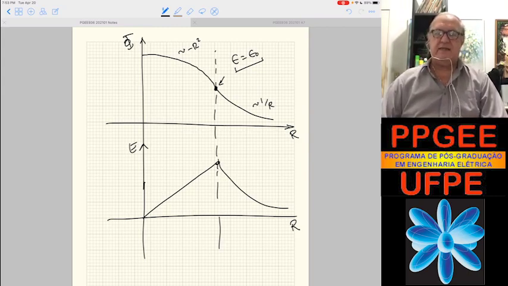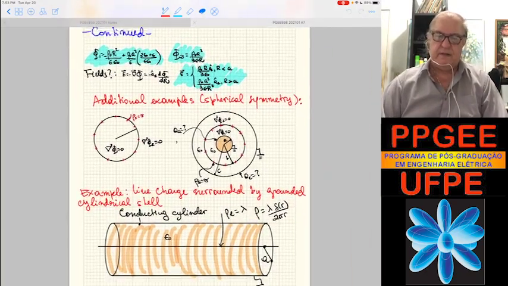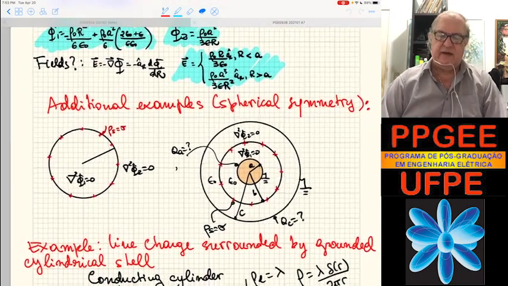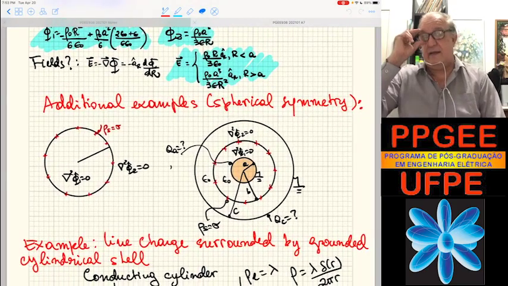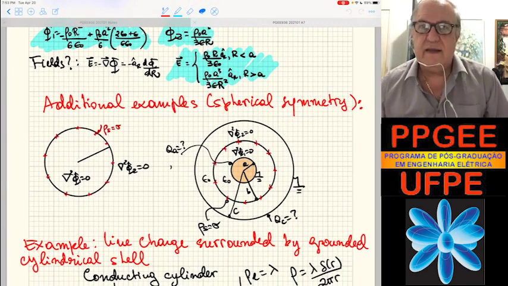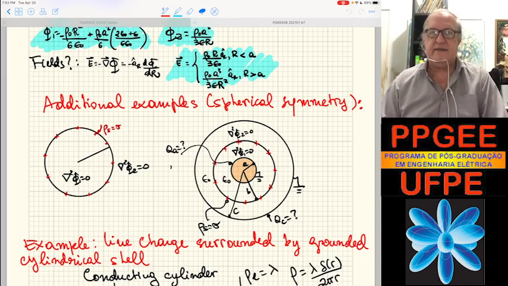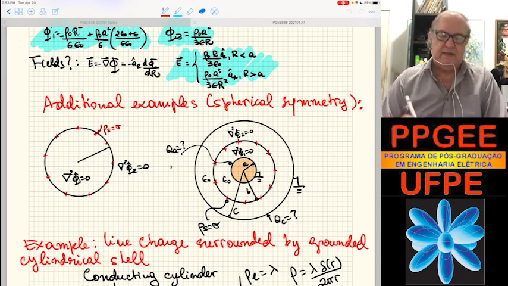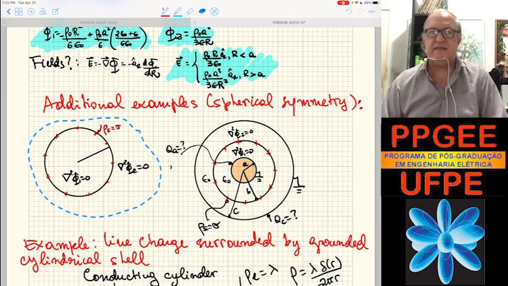You can look at additional examples. I'm going to make another one with you. For instance, I will leave one for exercise. I hope you do it, because it's going to be asked of you, if you know how to do those things, later in the exams and the homeworks. So do it. So we have, for instance, this problem, with just a surface charge density.